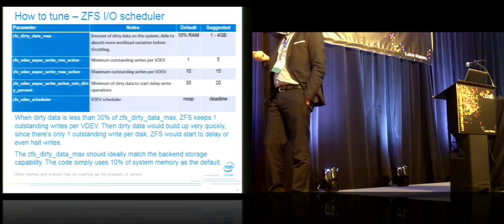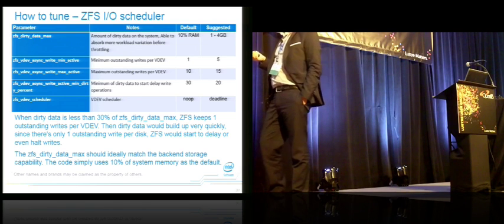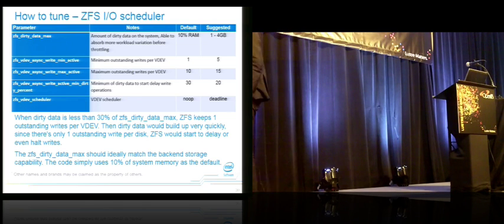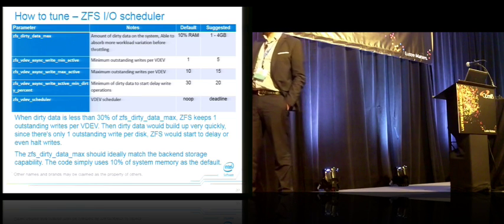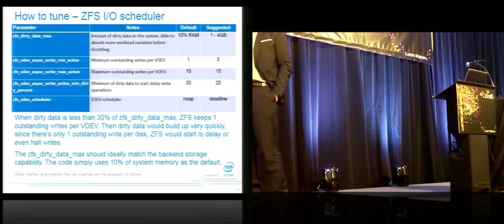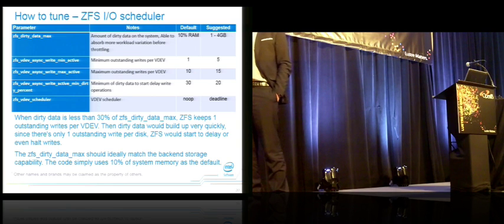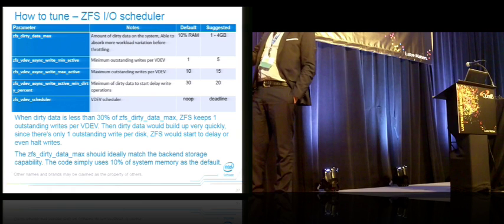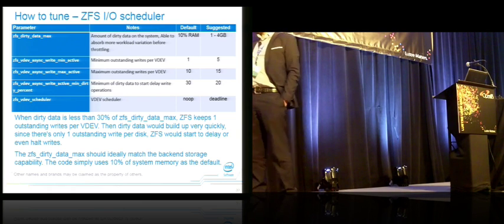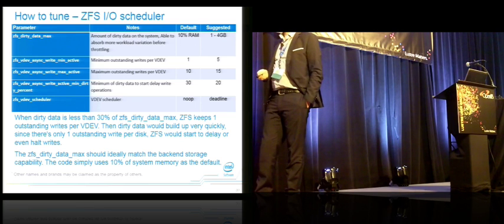One of the things that we suggest to tune is the asynchronous write rate. We suggest decreasing the trigger for the dirty data max from 10% of the RAM, which could be a lot if you have 128 GB of RAM, and putting a limit between 1 and 4 GB. And then increase the number of outstanding writes that you have when you hit the dirty data max.